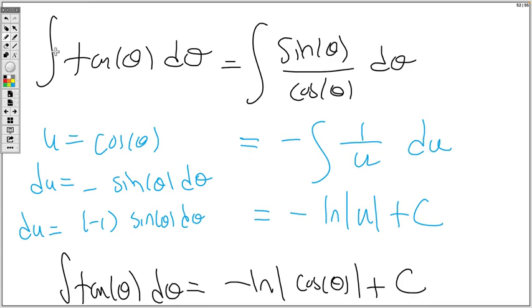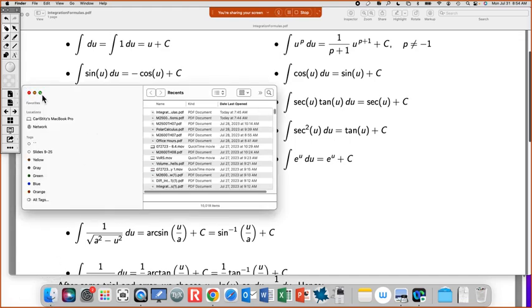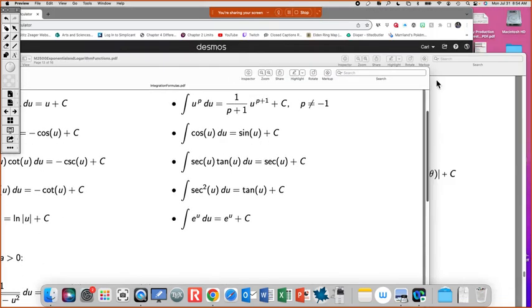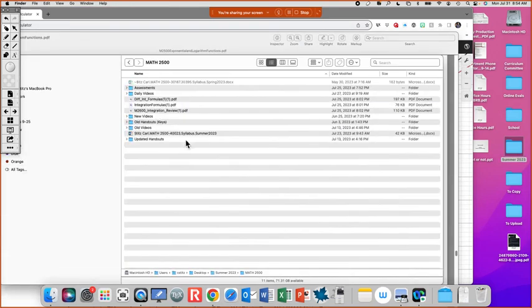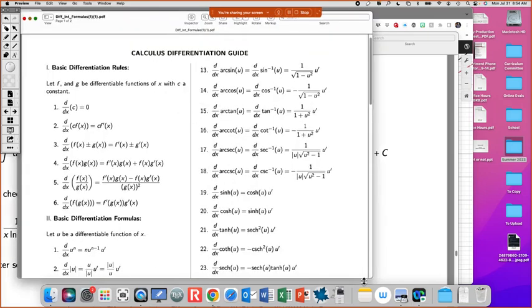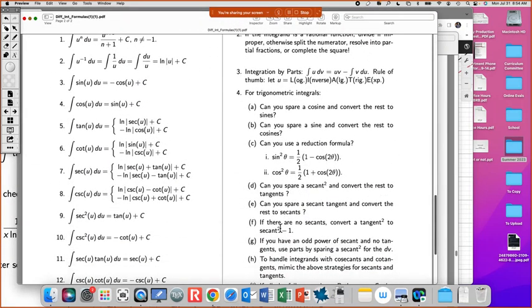Now, if you check out the other summary sheet you got on Thursday, which I thought I had pulled up, but apparently I don't. If you look on this sheet, under integration formulas, there it is.